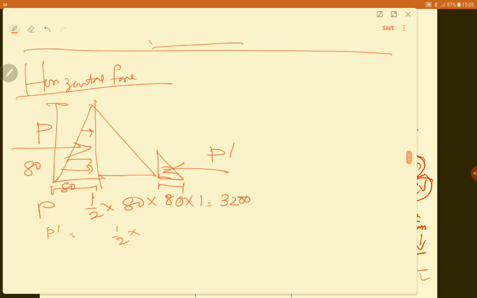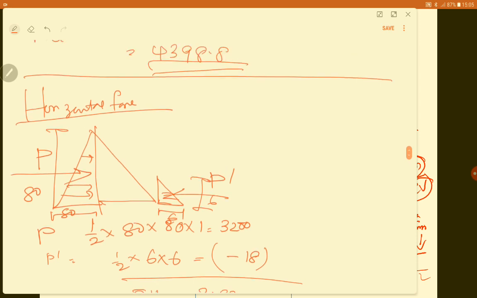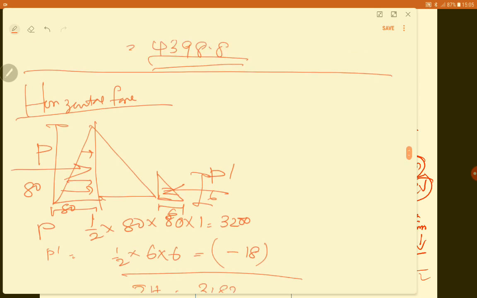This is 6 and this is also 6. 6 into 6, that is equal to minus 80. So the total H, sigma H will be equal to what? 3182.